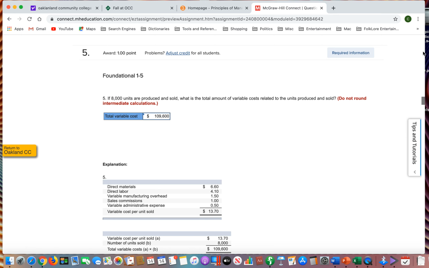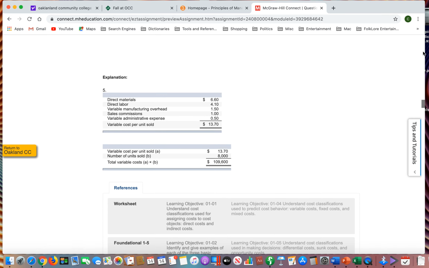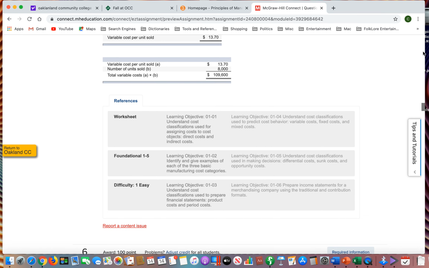So if you produce 8,000 of them, you multiply. If you produce 12,000 of them, you multiply by the unit cost. See, the previous examples asked for variable cost per unit, but for the total variable cost you have to multiply by the number of units.